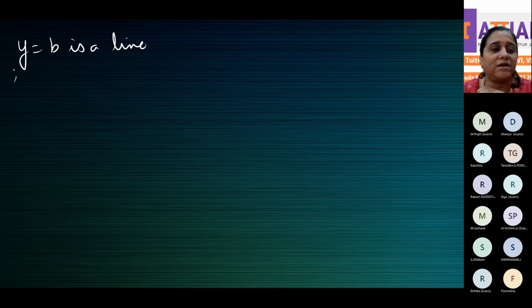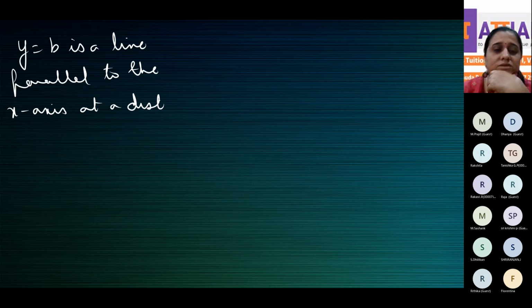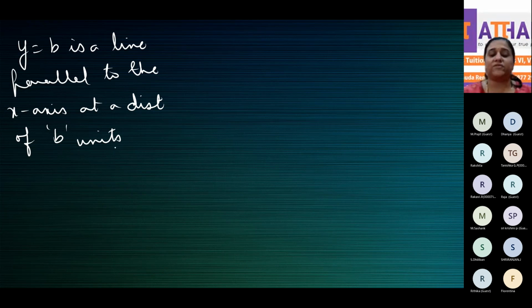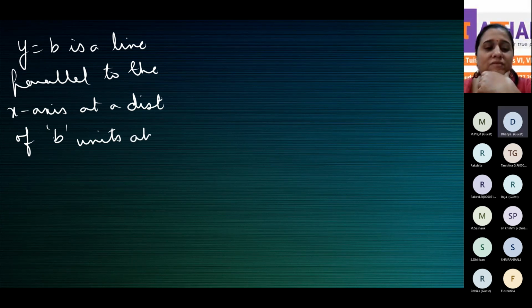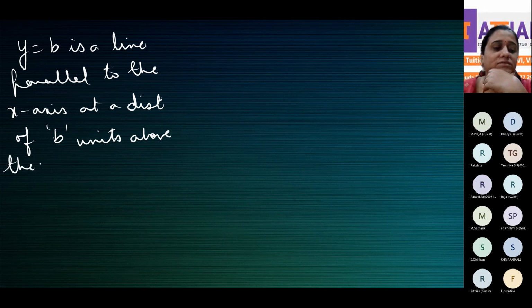Y is equal to b is a line parallel to the x-axis at a distance of b units. For the x-axis, we don't have right and left, but above and below. Yes, y is equal to b is a line parallel to the x-axis at a distance of b units above the x-axis. Very good.